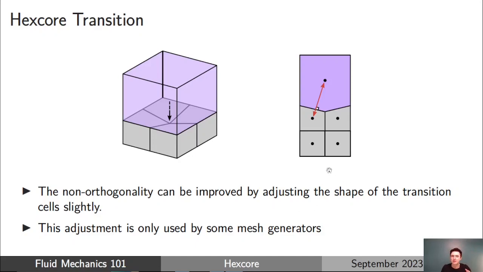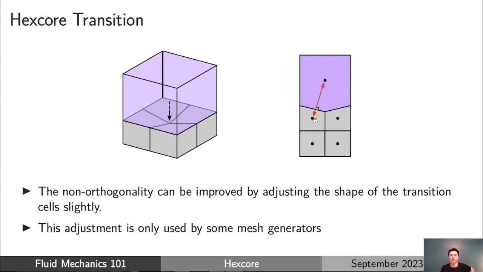And for this reason, this is why you may notice that some mesh generators that use this polyhedral transition actually distort the faces of that transition cell there, pitching them down. And so now you can see that if you draw the same line from the centroid of the smaller cell to the larger cell, it's now closer or may even be equal to 90 degrees.